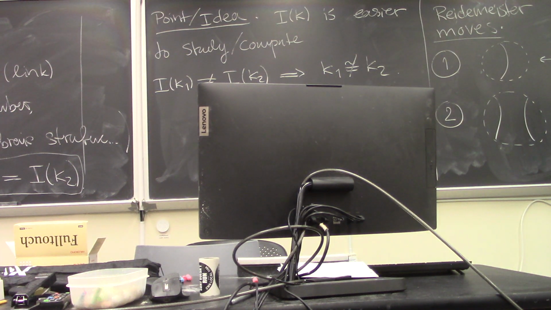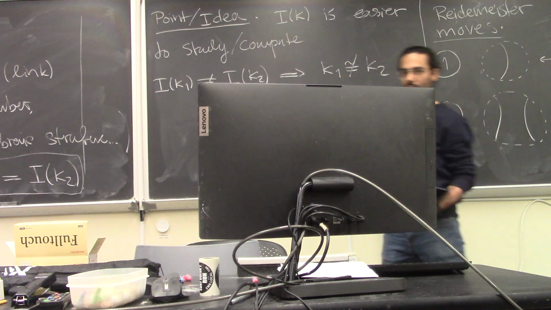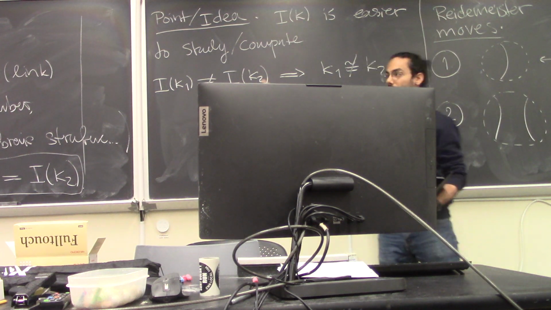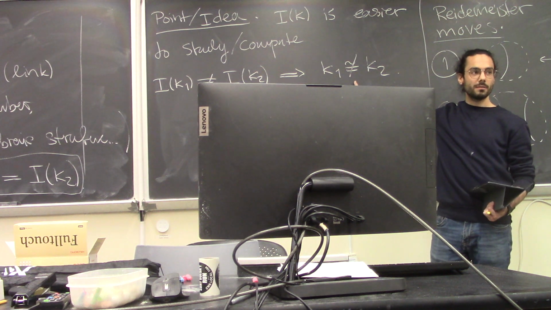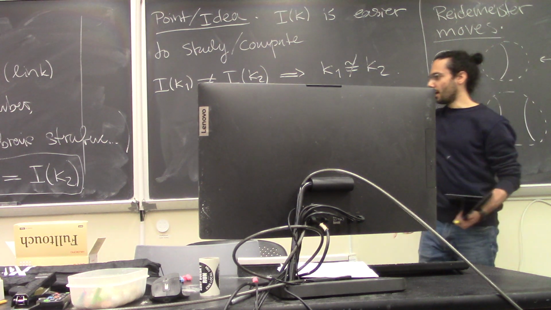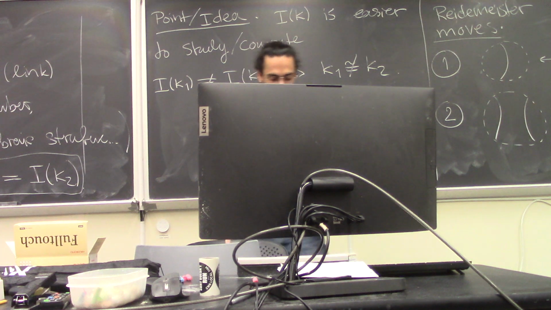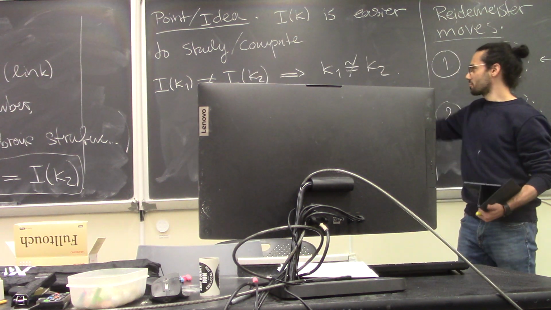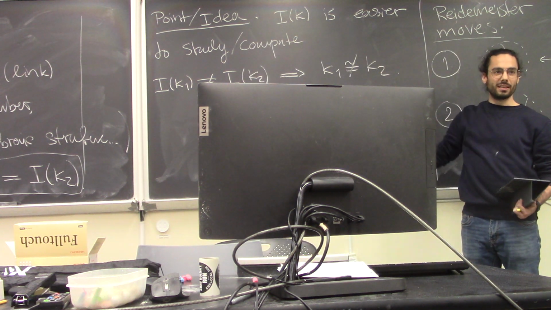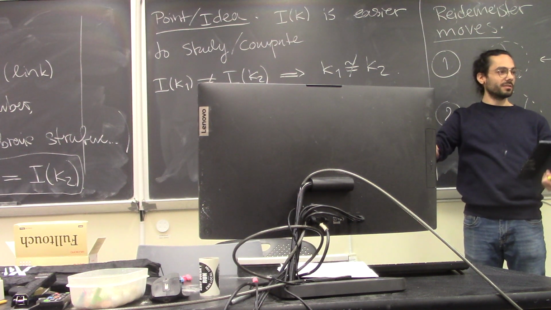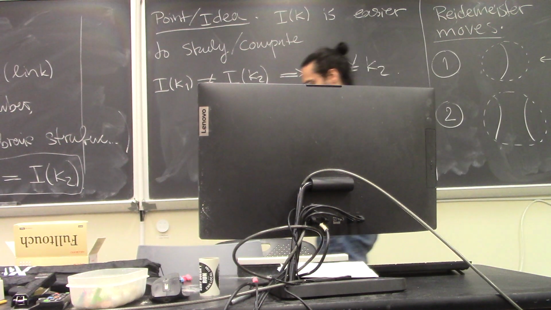So I have associated some kind of number to my knots, and if I can compute these quantities very easily, I can take two random knots, compute their invariants, and if I'm lucky, these invariants disagree. Then I can conclude that these cannot be equivalent. This is a very common and very successful way of showing that two knots are different.